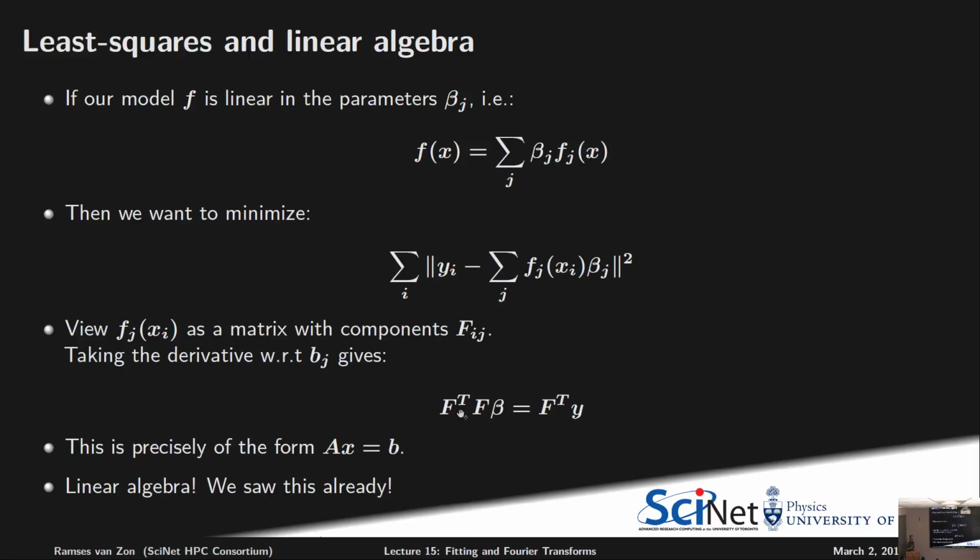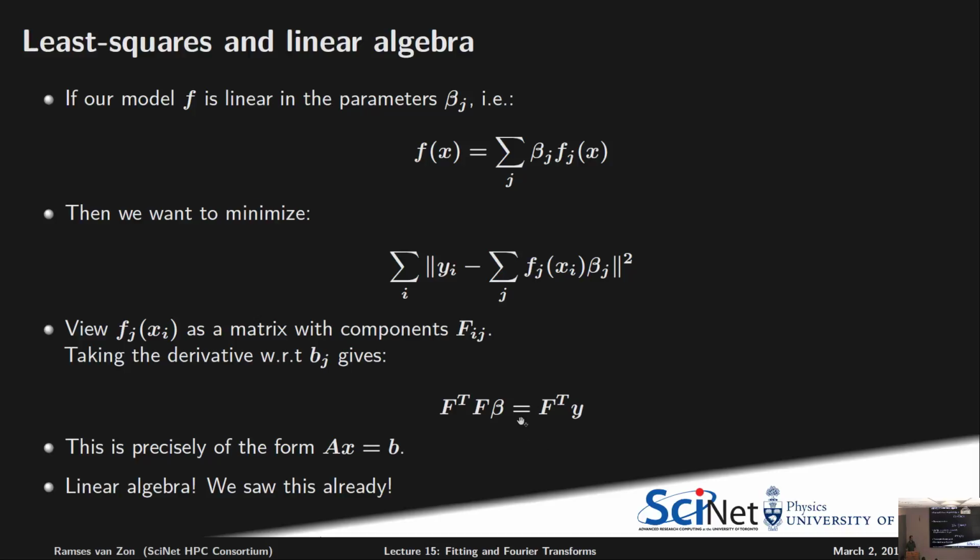And in fact, the GSL libraries or functions will use the BLAS routines under the hood to solve this. And we've actually seen this already. If you recall, the F matrix was called an A matrix before, but we saw essentially how you solve an overdetermined set of equations, and that gave you the same answer.